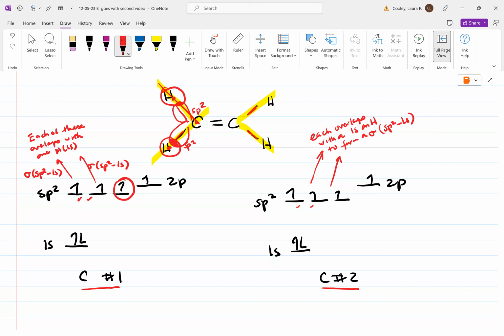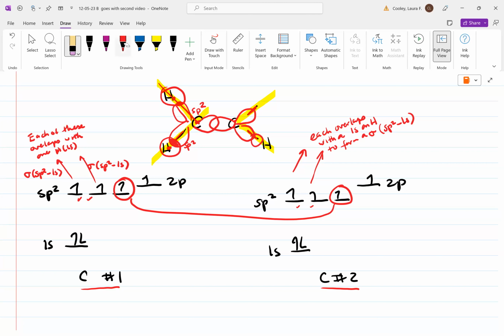Now, the remaining one is the third sp2. I didn't do a very good job there, but something like that. These are the hydrogen overlaps.